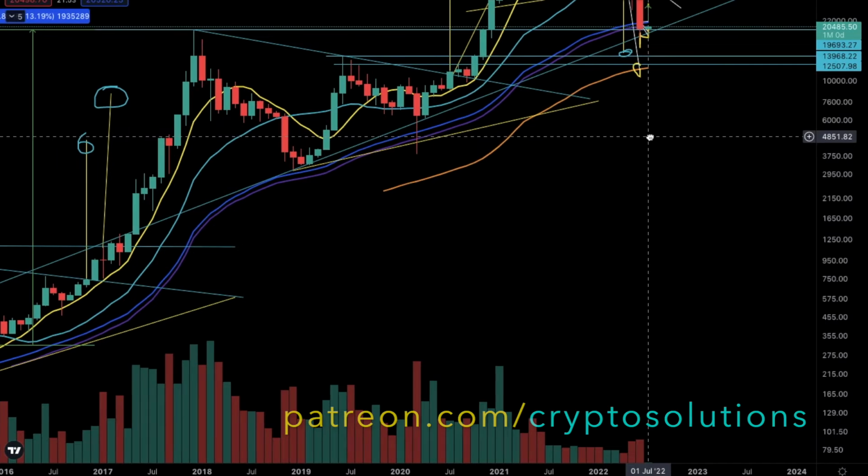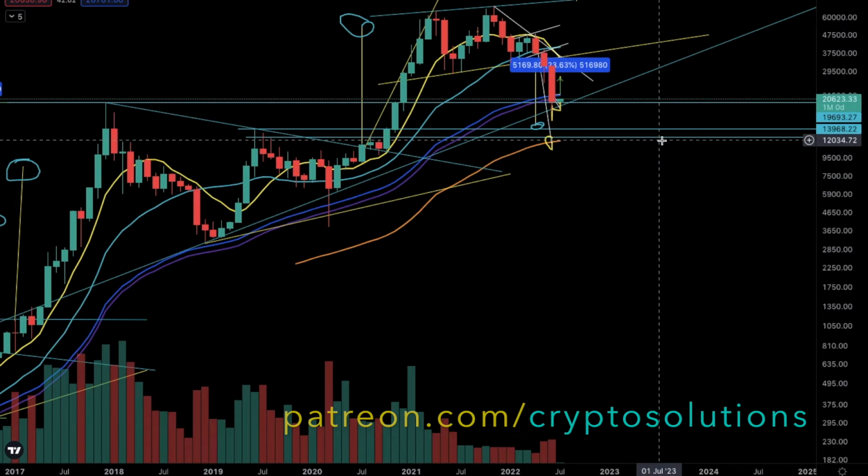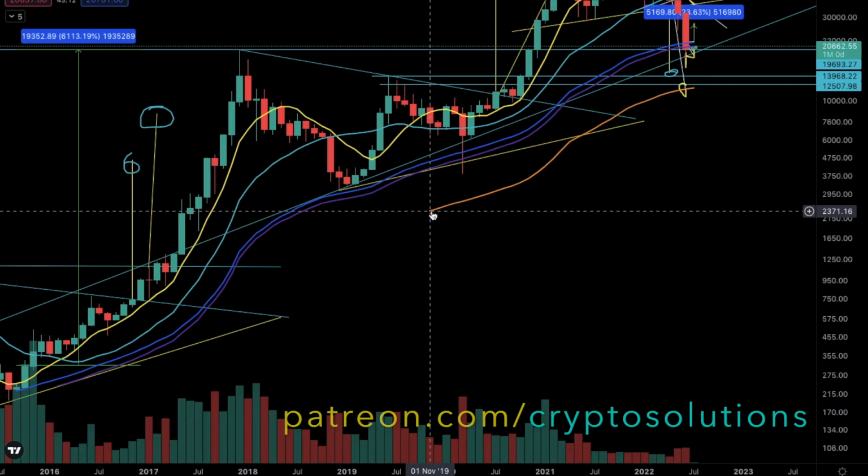Usually when these lines form, especially when they're traditional simple moving averages that you can use even with stocks and almost anything, this is a simple moving average in the monthly time frame. The 100 simple moving average in the monthly time frame was formed around November 1, 2019.